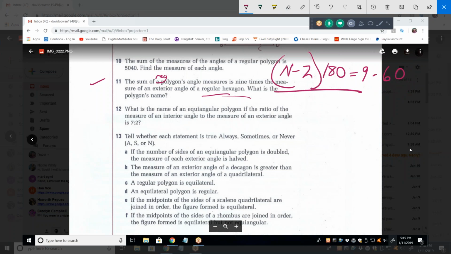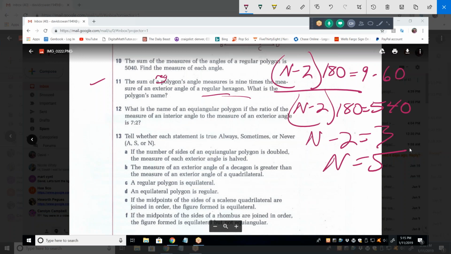So it's that. So we end up with n minus 2 times 180 equals 540. We got n minus 2 equals 3, n equals 5. So we're dealing with a pentagon.